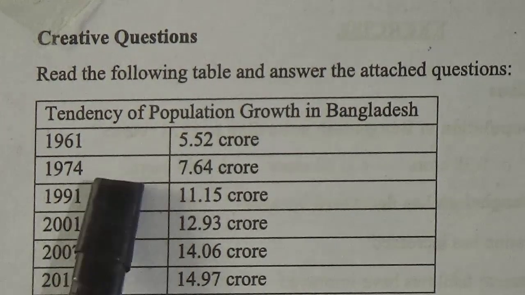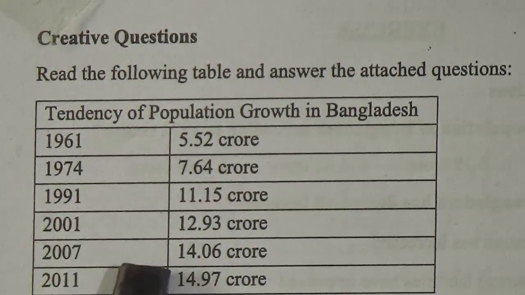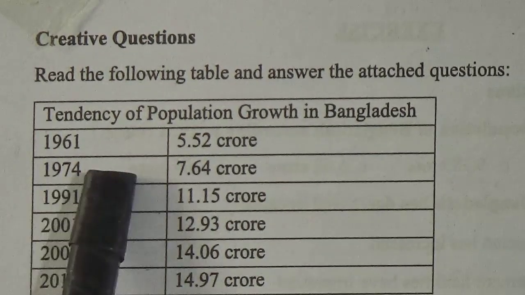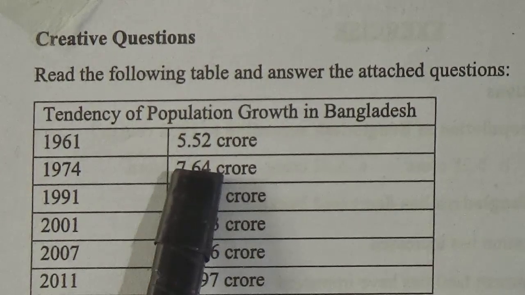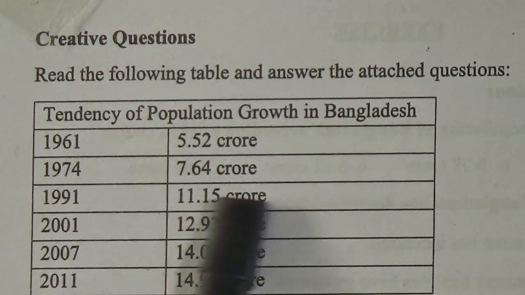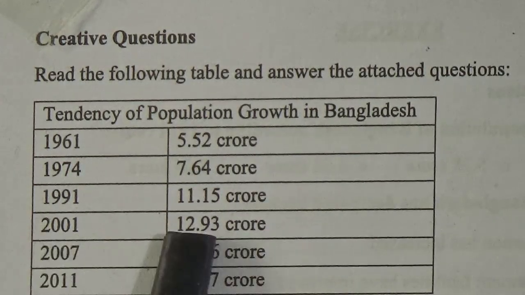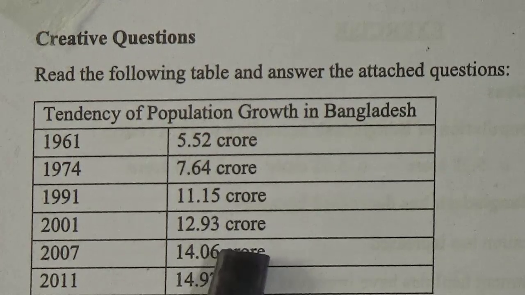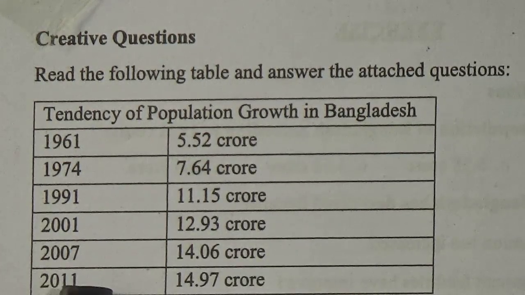At first we will have a look at the population scenario related to the year. In 1961, the population was 5.52 crore. In 1974, 7.64 crore. 1991, 11.15 crore. 2001, 12.93 crore. 2007, 14.06 crore. 2011, 14.97 crore.